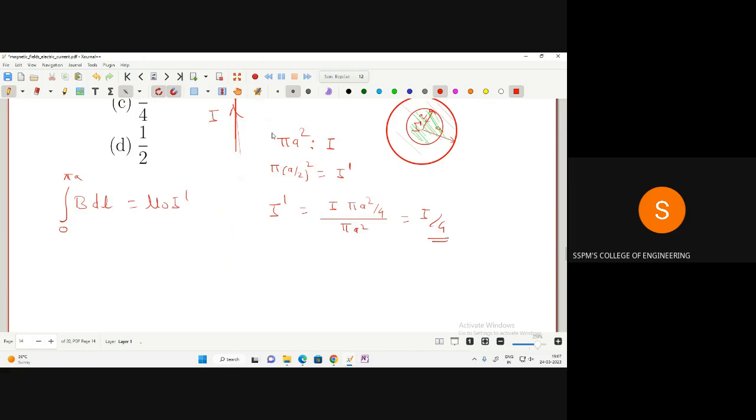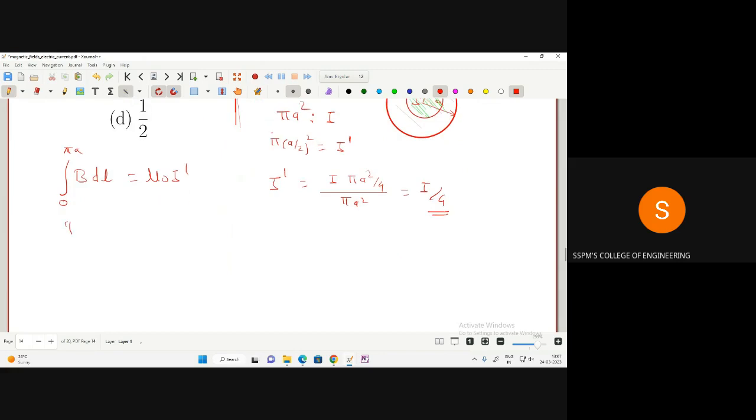हे सॉल्व करा. B इज अ कॉन्स्टंट and integration of dl is L, limit 0 to pi a, where pi a is the circumference of the circle of radius a/2. So pi a येणार इथे is equal to mu 0, इथं I प्राइम म्हणजे I divided by 4 आहे.